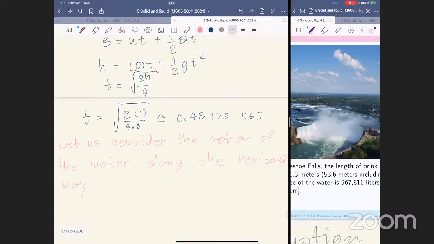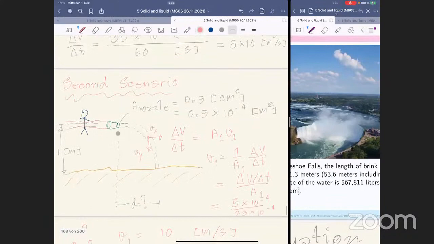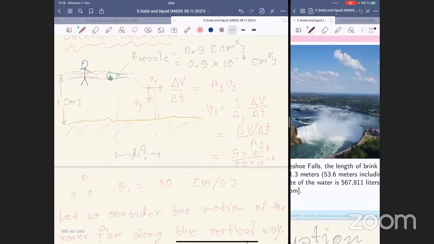You start with the initial speed, which is 10 meters per second. This is the speed along the x-axis, because they say the nozzle is placed in parallel to the ground, so it is completely horizontal.